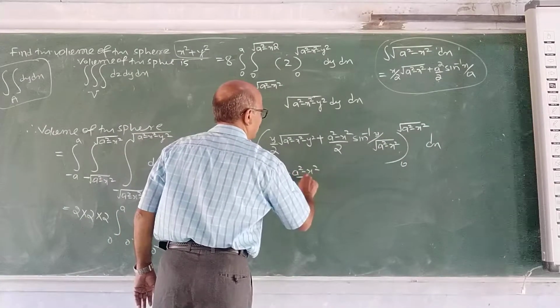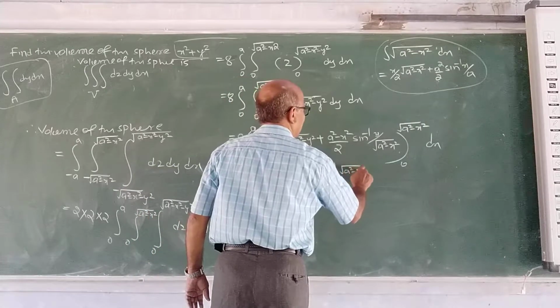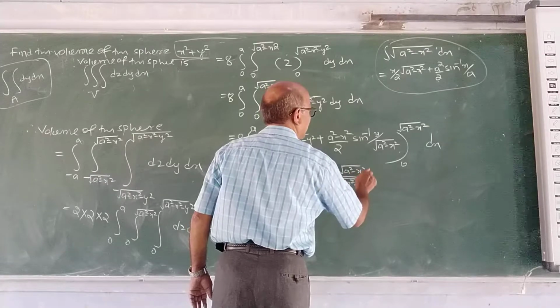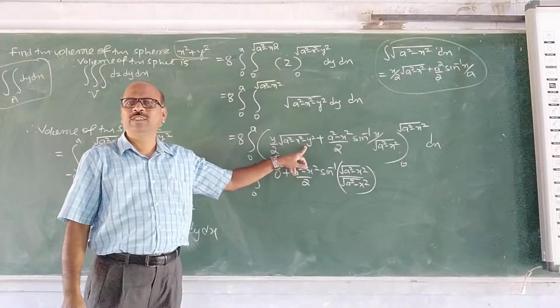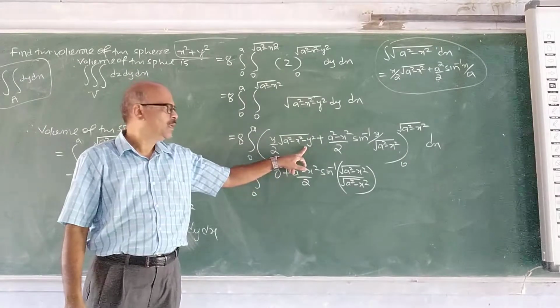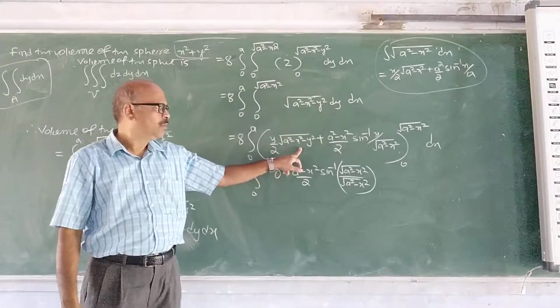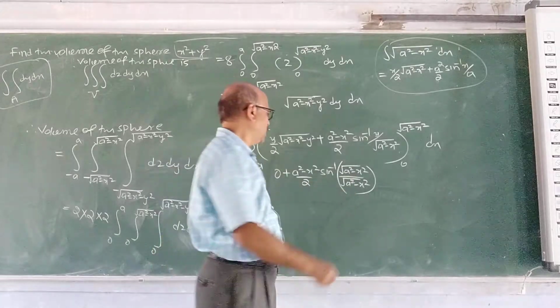Then a square minus x square by 2 sin inverse of root a square minus x square by root a square minus x square, because taking y as root a square minus x square, y square becomes a square minus x square, so it is 0. But here y is root a square minus x square gives this.